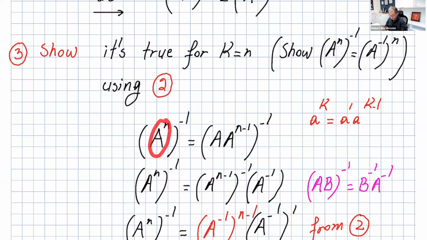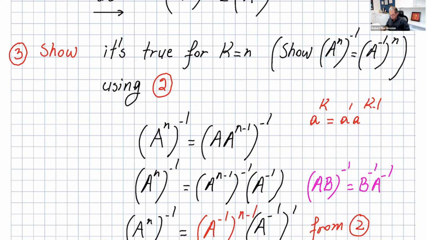Now A to the power of n can be written as A times A to the power of n minus 1. It's like using rules of exponents: A to the power of k is A to the power of 1 times A to the power of k minus 1. If you multiply, you add the exponents. Basically, if you take 1 out, then you write this as k minus 1. We can use the same thing with matrices. So we start with that.